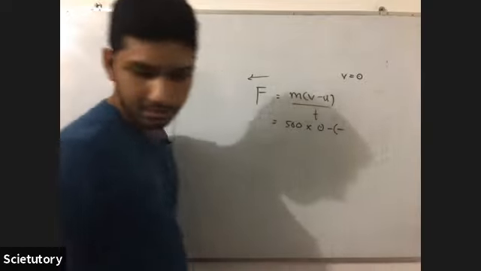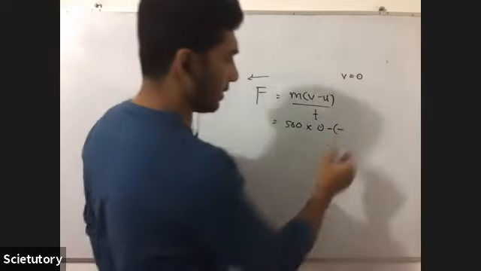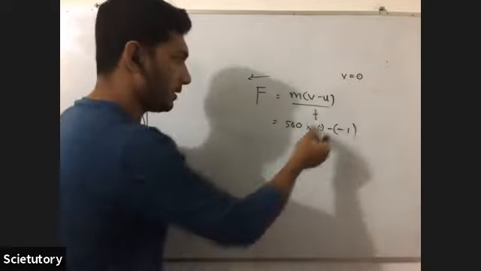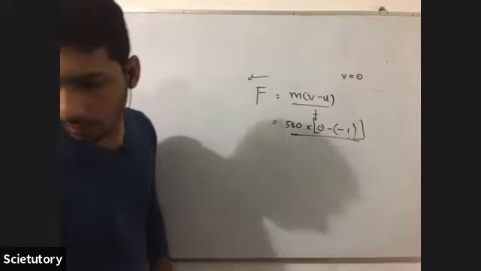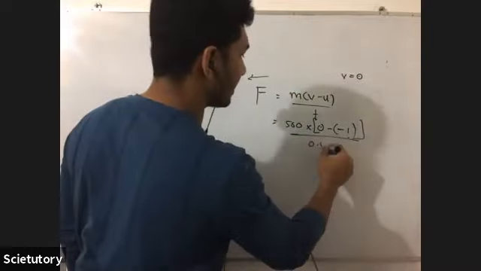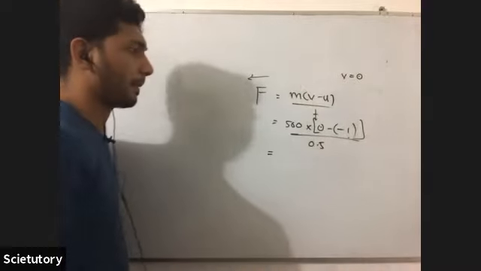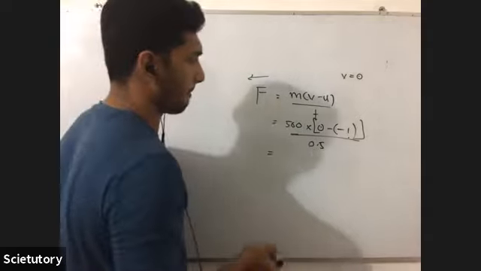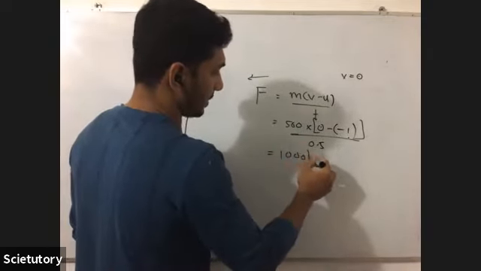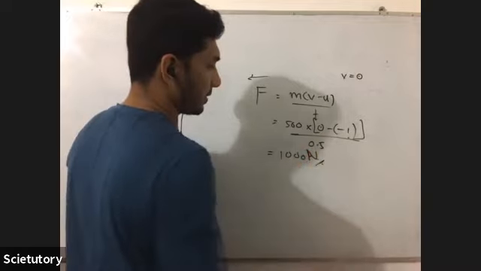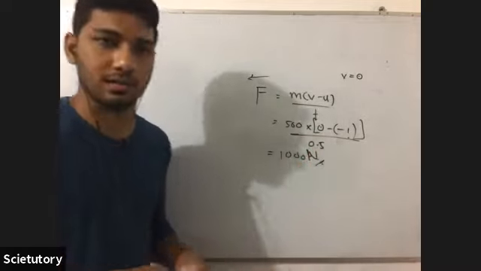So minus plus. Okay, so it will come as plus finally. Over t is 0.5 seconds. So what's the answer? A thousand newtons. Okay, so the answer is the fourth answer.